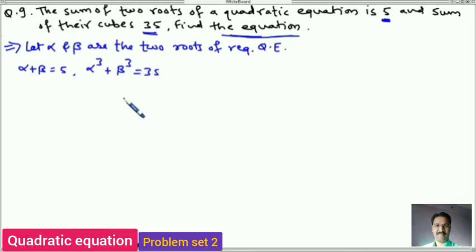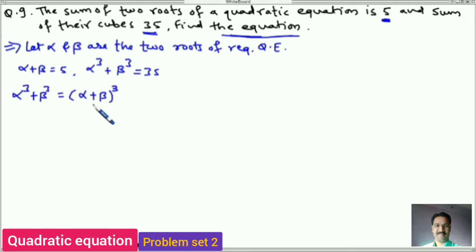To find the quadratic equation, we need alpha plus beta. We have that one. Now we need what? Very important is what? Alpha into beta we need here. So from these two, we know one formula we can write here, that is alpha cube plus beta cube is equal to (alpha plus beta) cube.